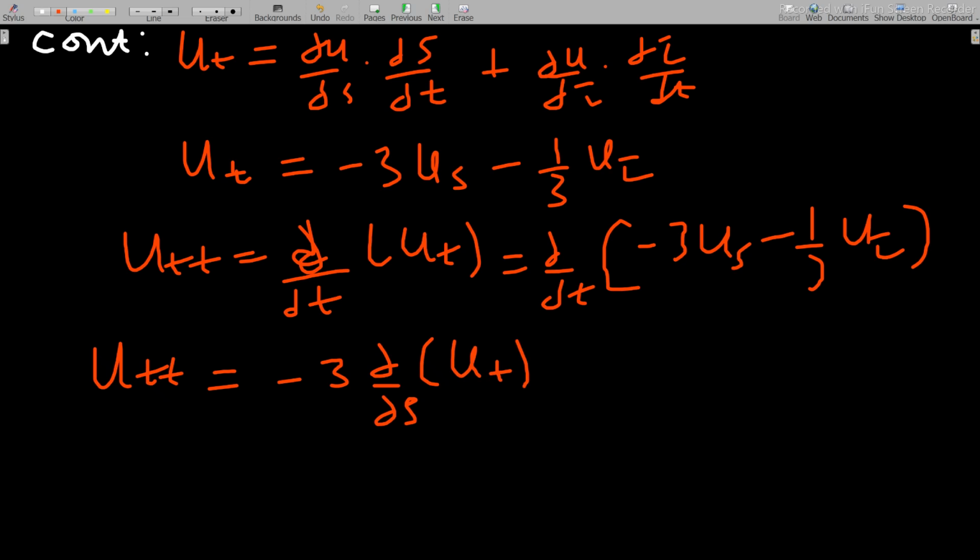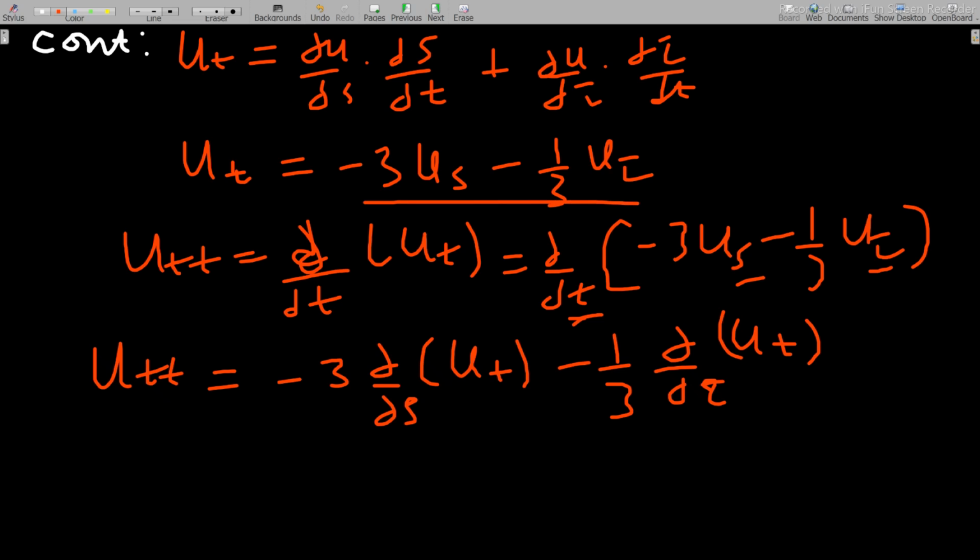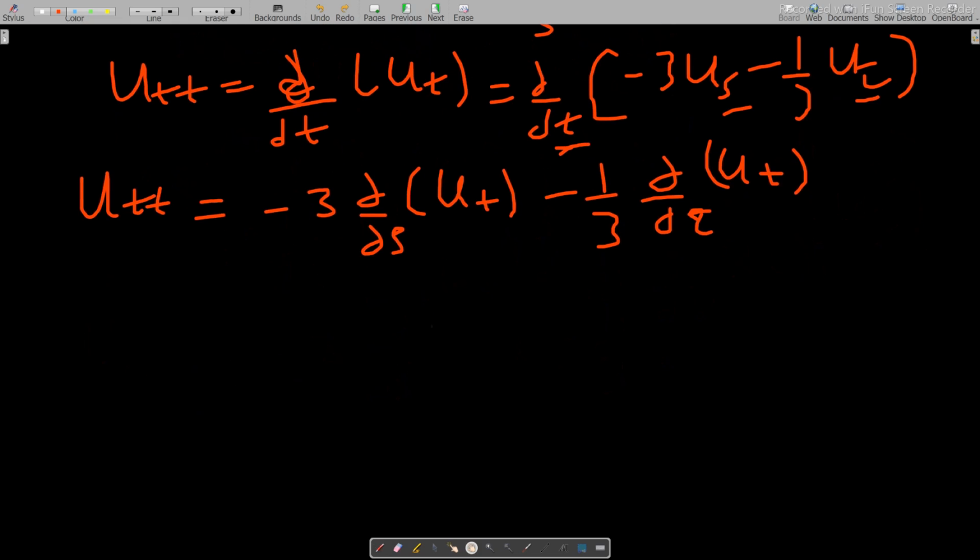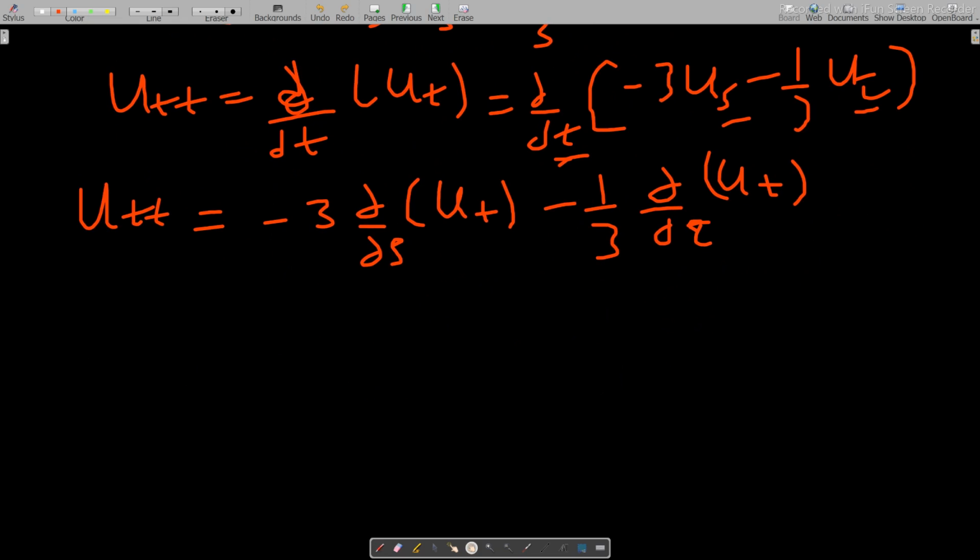I hope you can go through this and see why I'm writing this. Del s, or del tau here, of ut. Simply interchange this and this and multiply it by that, interchange this and this as well, and do that. That is all. So you know your ut to be this, so you put your u2 here and your ut here and do the differentiation. If I do the differentiation clearly, I'm supposed to get this.